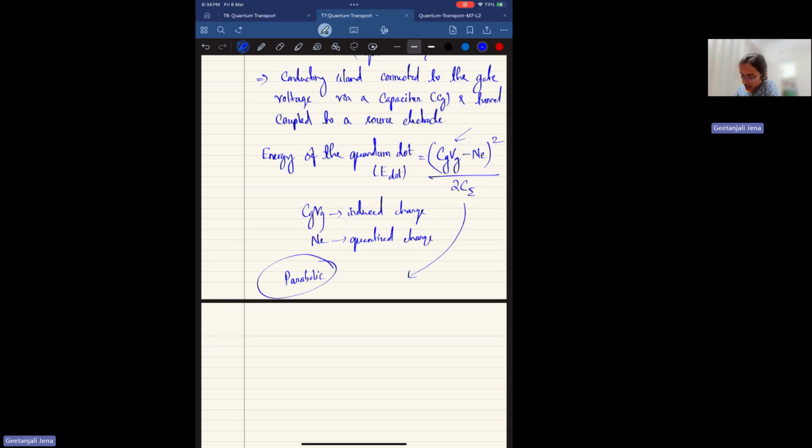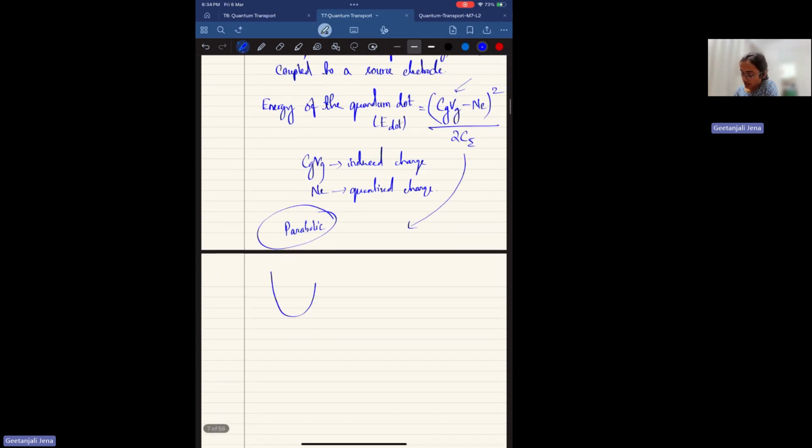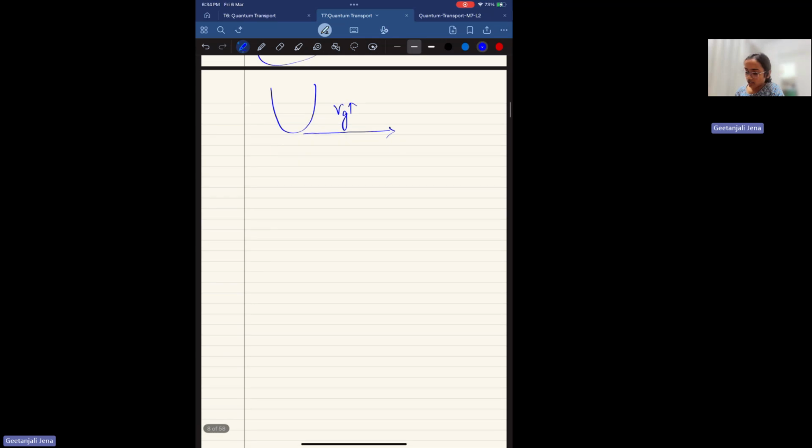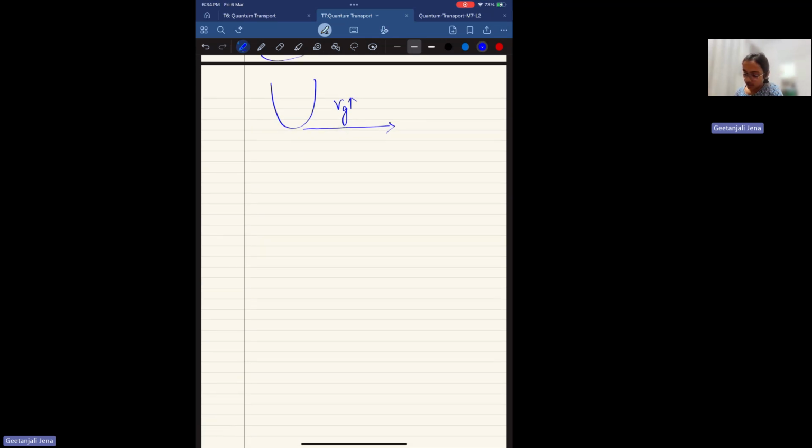This parabola will shift along the voltage axis. When we increase the gate voltage, the parabola shifts, and this will determine whether the electron will tunnel into or out of this island. So let us see in detail what is the effect of the gate voltage on this single electron box.